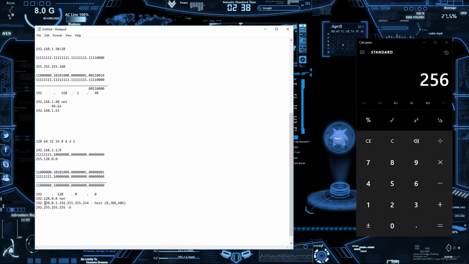Then you subtract 1, and that's the end of your usable host range, plus 1 on here, and that's the start of your usable host range. Then just figure out what that is altogether, and that's what it comes out to be.